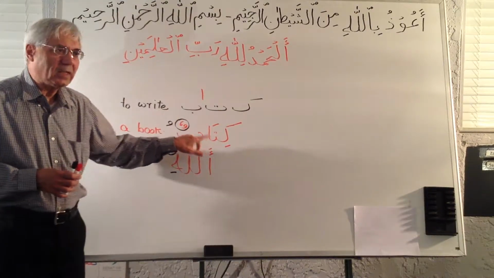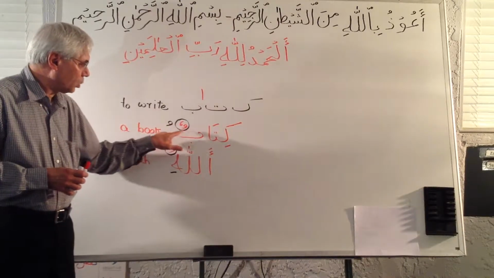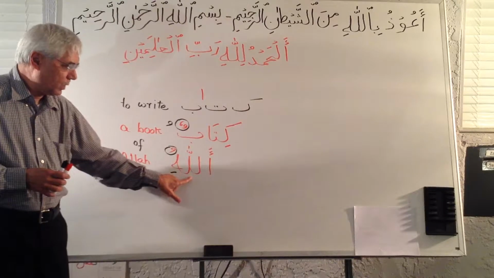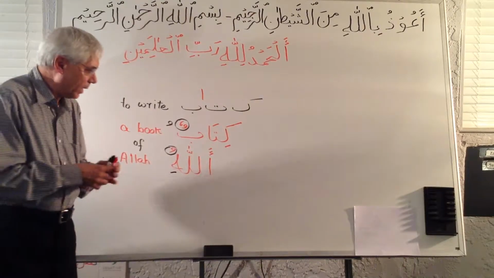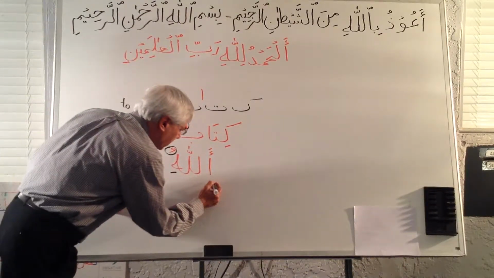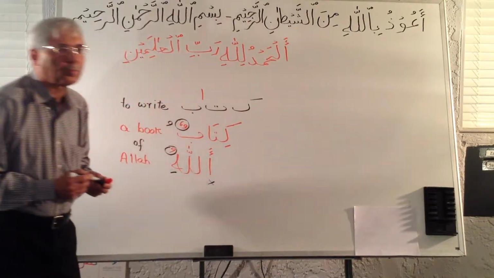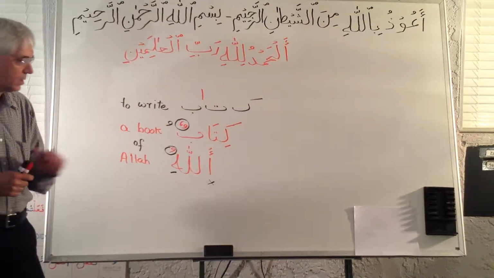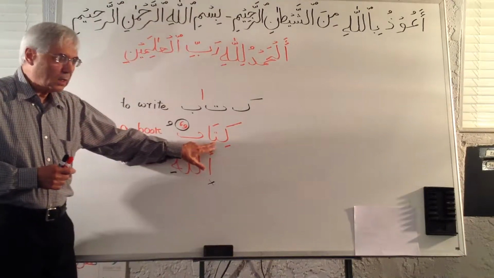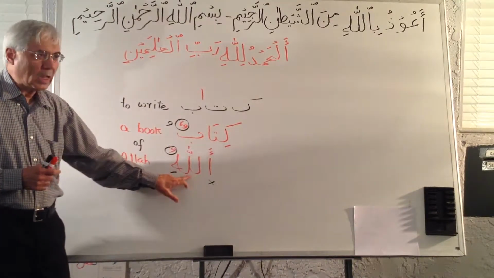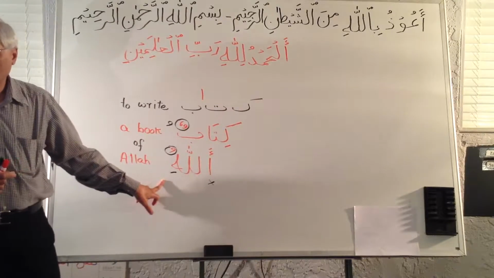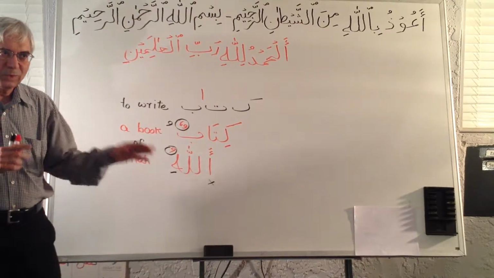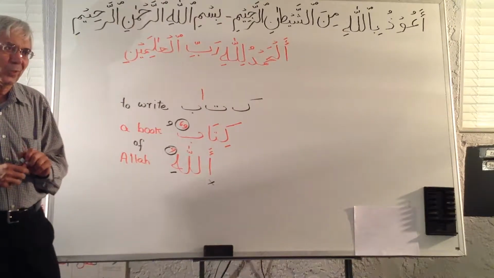Now we are going to read them together. In the recitation, we combine this last letter ba with this la and do not pronounce this alif. So now the full sentence is Kitabullahi. We change the sounds of both words.